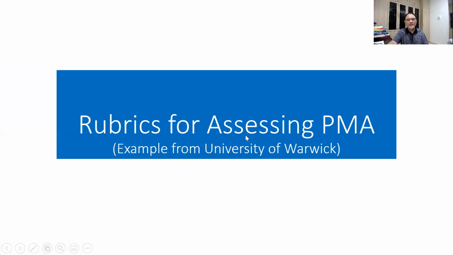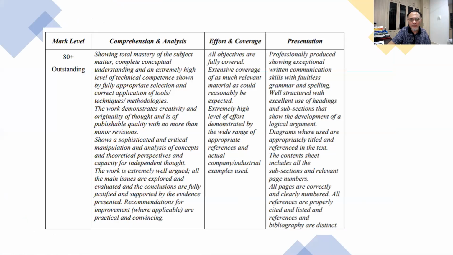and presentation assessment criteria. So I found one rubric for assessing PMA from the University of Warwick. Well, you can Google it yourself, download and read it. I'll just point out a few things. For example, if it's outstanding, it says total mastery of subject matter, complete conceptual understanding, extremely high level of technical competence, fully appropriate selection of tools, creativity and originality of thought.